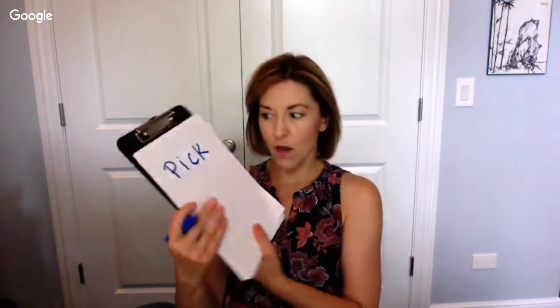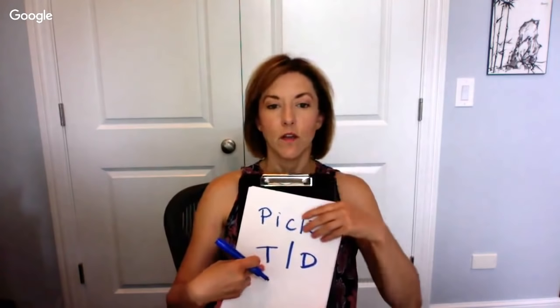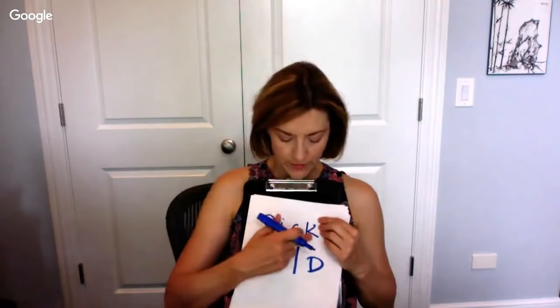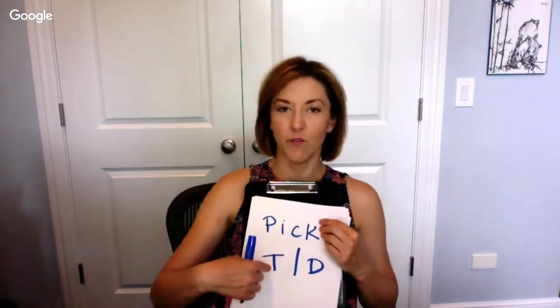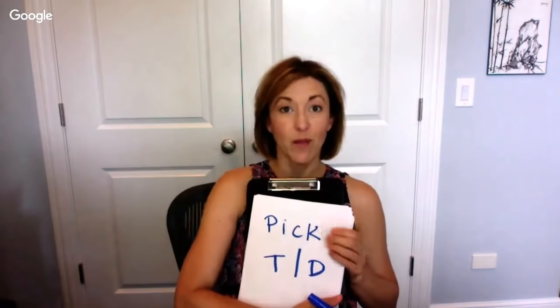Voiceless. So which sound do we add, t or d? Okay, so we know this one doesn't have any voicing. So we're going to add the one that doesn't have any voicing. Picked. Okay, so I picked the vegetables.